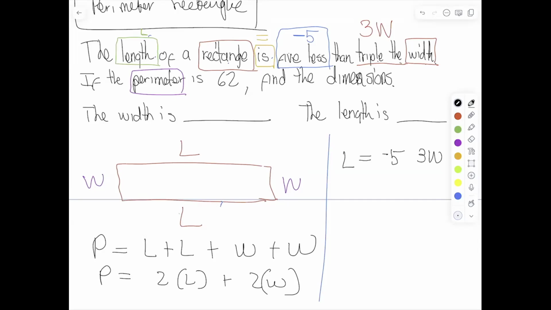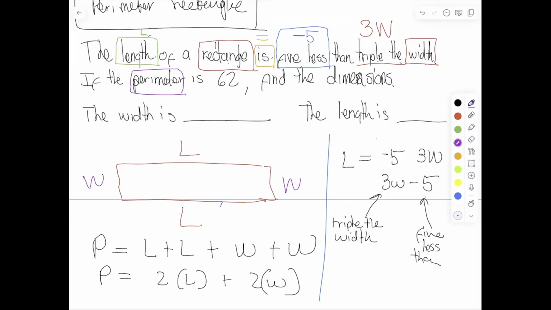But we don't write it like that, right? We have to write it as 5 less than triple the width. This says 5 less, right? 5 less than what? Triple the width.